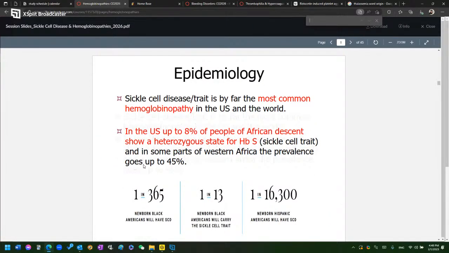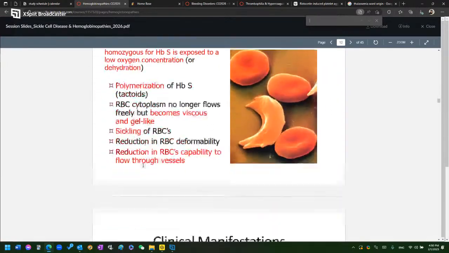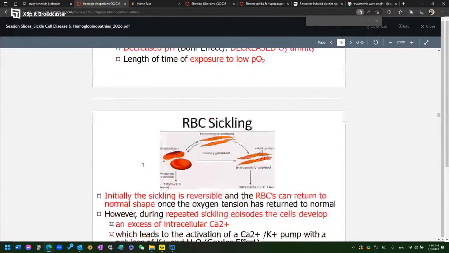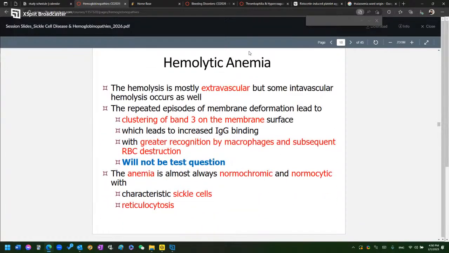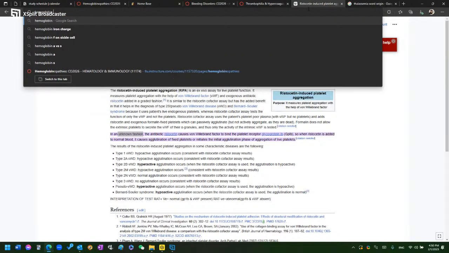He goes into S immediately, but he didn't talk about A2. I can look it up, I suppose. That's why I don't understand it very well, but we can go into hemoglobin A2.